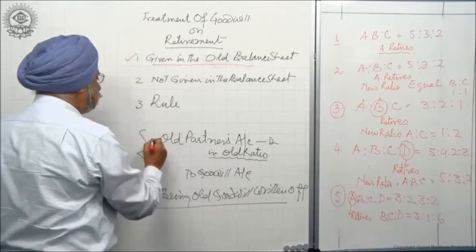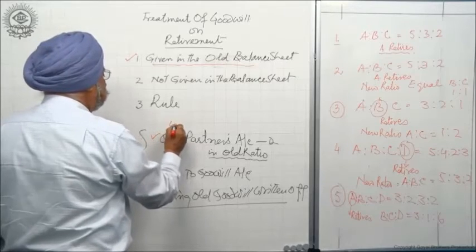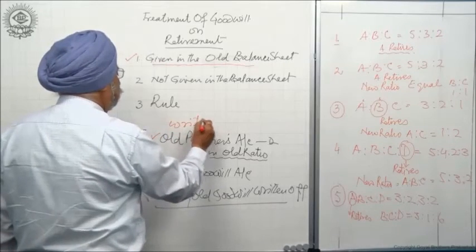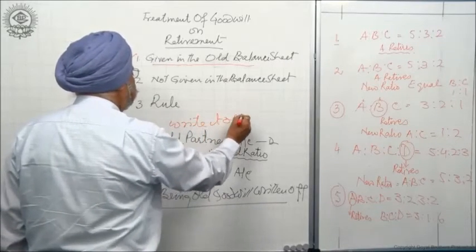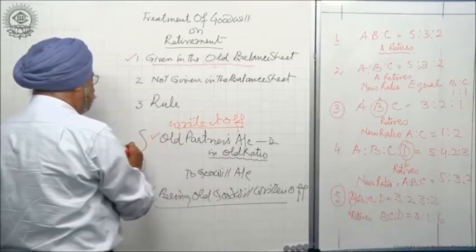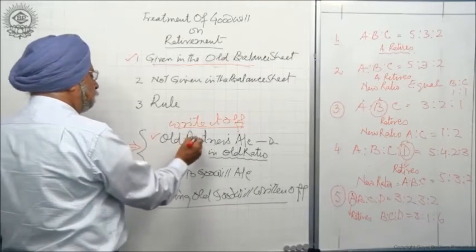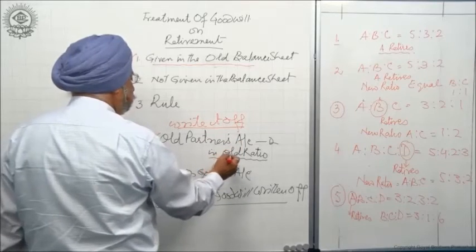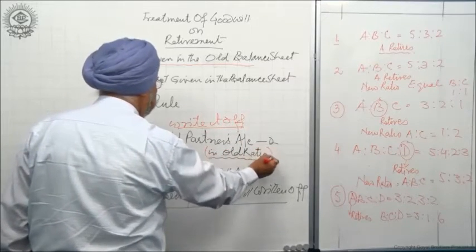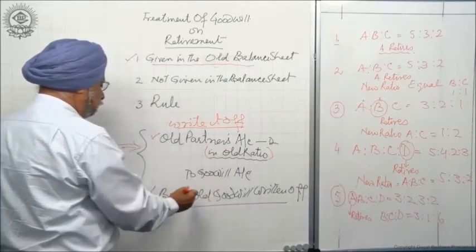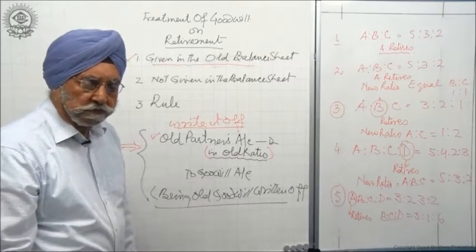What is to be done? Write it off. The rule is write it off. And this is how it will be written off: old partners' accounts debit in old ratio to goodwill account, being old goodwill written off.